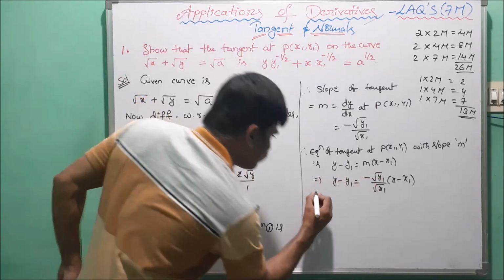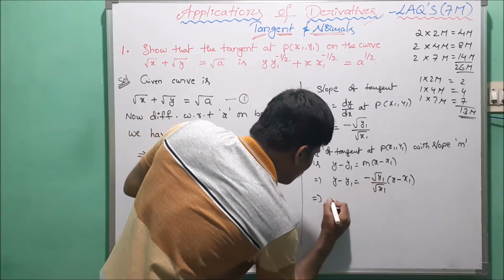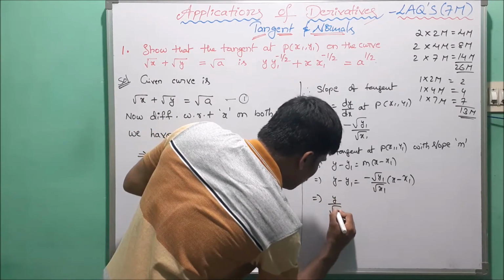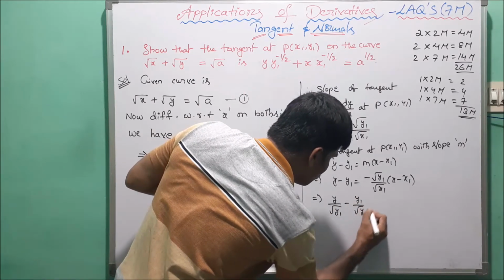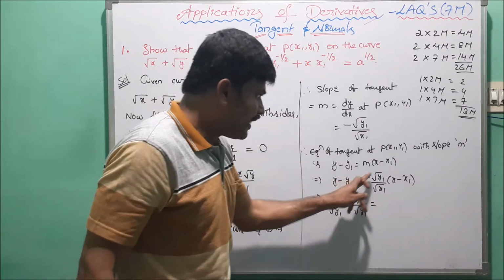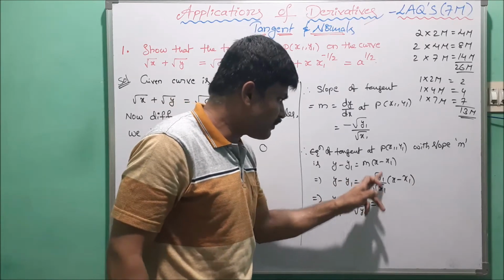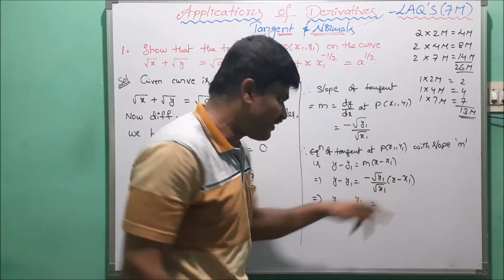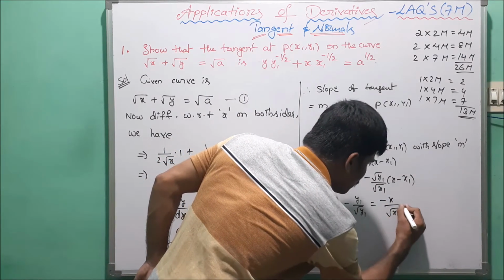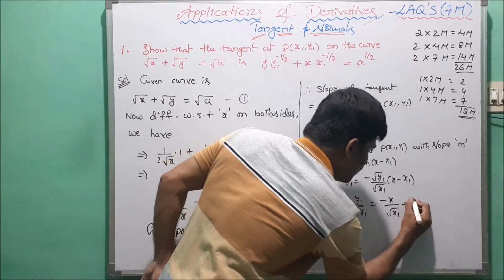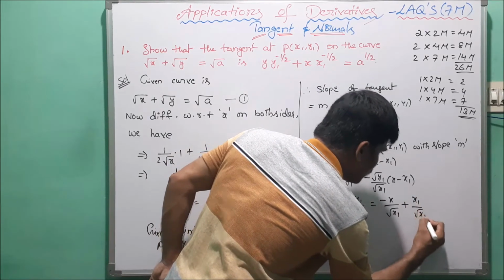Here y by root y1 minus y1 by root y1. Similarly, multiplying by minus 1 by root x1 on the right side gives minus x by root x1 plus x1 by root x1.